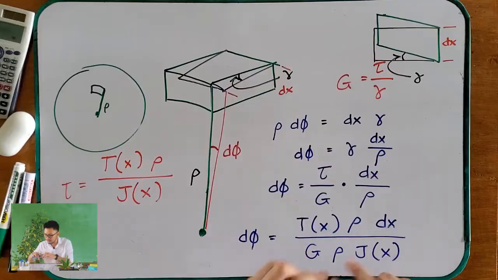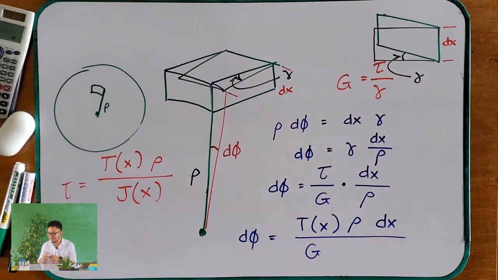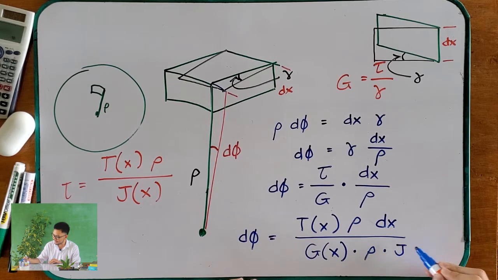And in this case, ato lang sa ni assume nga ang kaning atong G is a function of x. Unsa may pasabot ana, ang atong modulus of rigidity will vary linearly from the length of the shaft. Which is, dili man na mahitabo, pero ato lang i-assume for now. Okay? So, G of x times rho times J as a function of x.